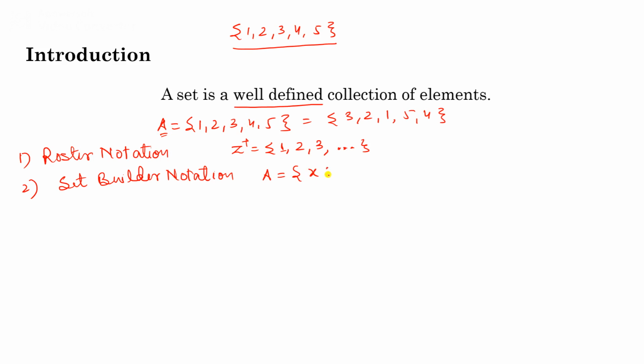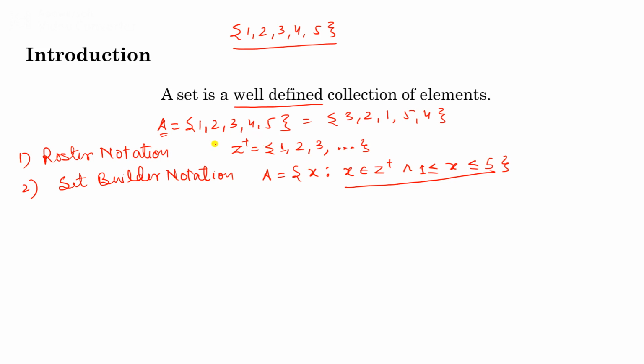Here we use a colon and read it as "such that", and here we define the definition of X. X belongs to Z plus, X is a positive integer, and X is greater than or equal to 1 and less than or equal to 5. So this is the definition of X.